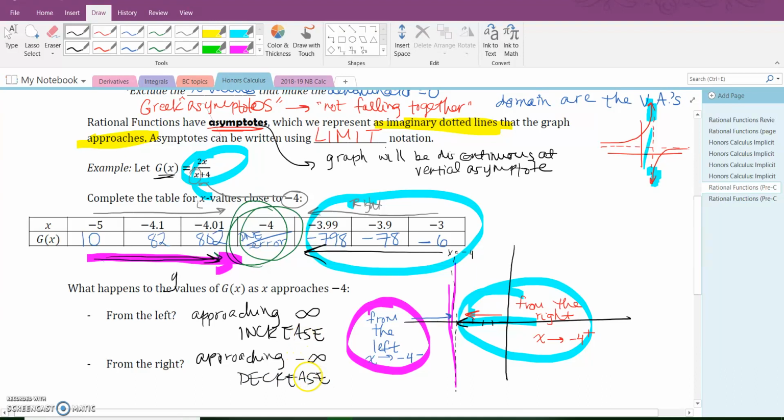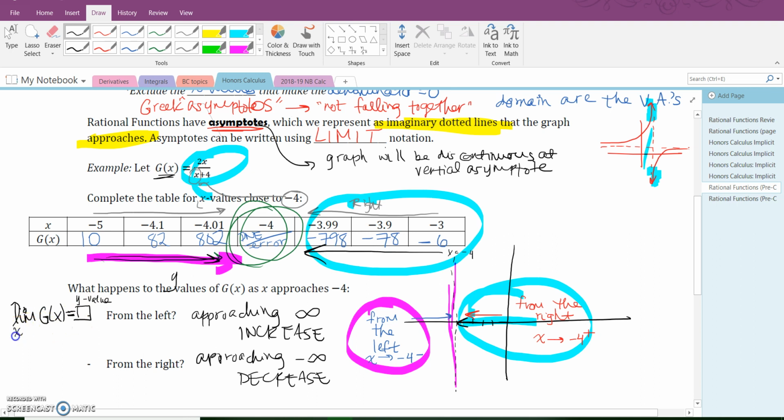All right, let's write our first limits. So here's our limit notation. Whenever you write a limit, you're always going to start with LIM. This is an L for limit. And you're always going to have the limit of some function. So this is the limit of g of x. And the limit is always going to equal a y value right here. So this box is always going to be some kind of y value. That's what the limit is.